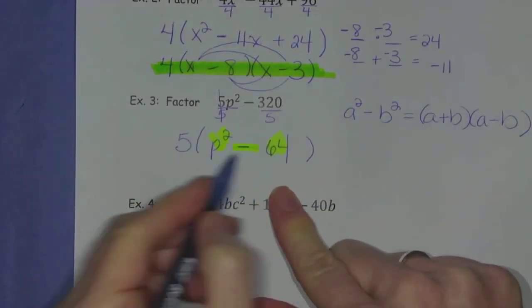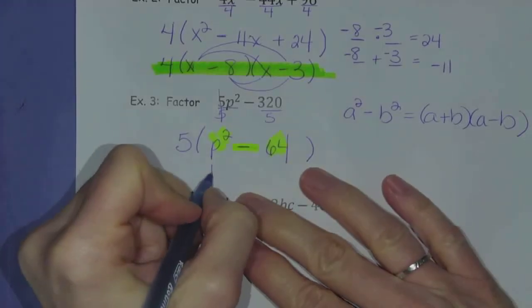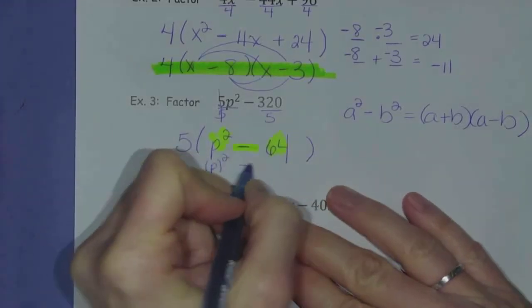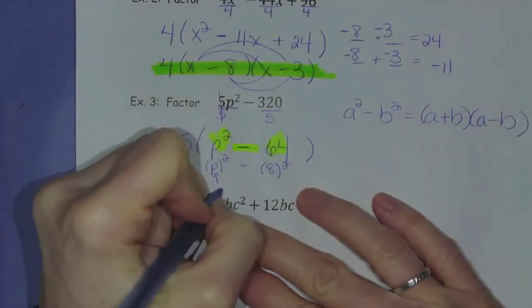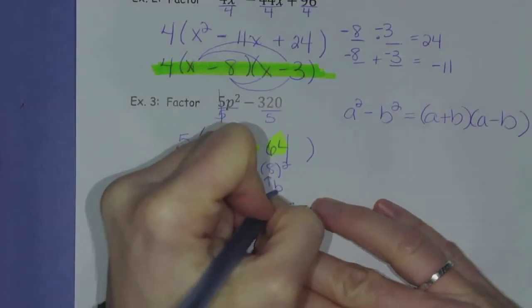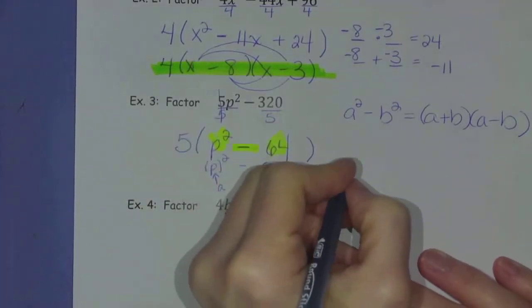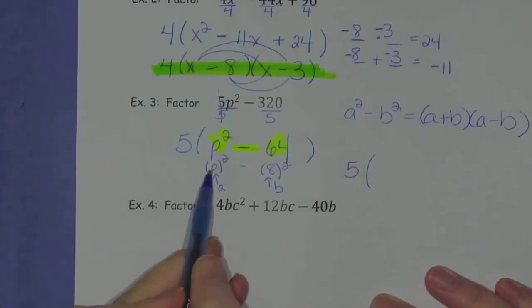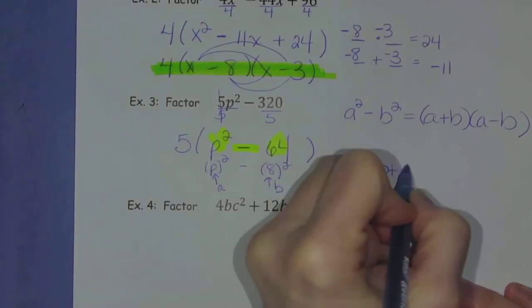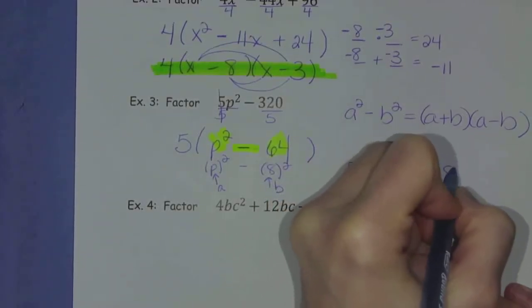So if we write this as p squared minus 8 squared, then we've identified a and b. And so the final answer will be the 5, and then a p plus 8 and a p minus 8.